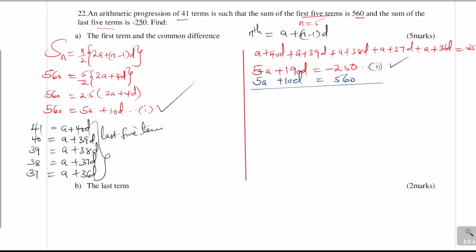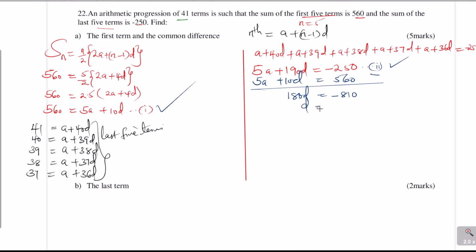So you want to eliminate the 5a, so you subtract: 5a minus 5a, that one is gone. 190d minus 10d, this will give 180d is equal to negative 250 subtract 560, that gives negative 810.